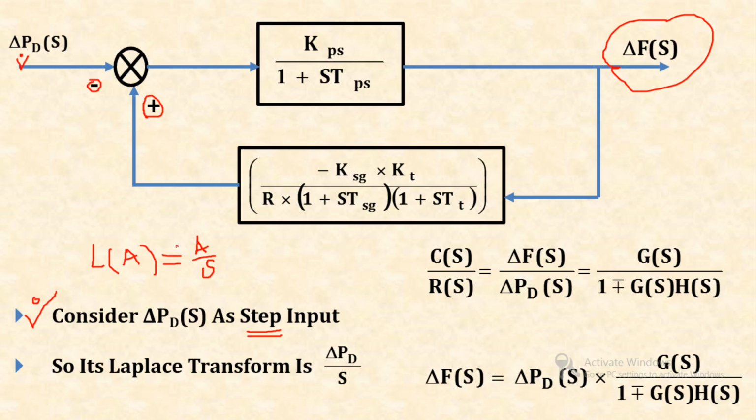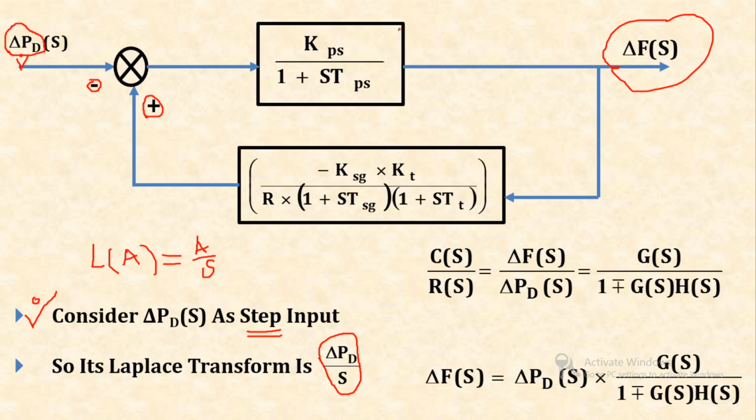Step input Laplace will be 1 upon S, and if step is having a magnitude of A, then Laplace will be A by S. So here also we are having a step input which is having a magnitude of delta PD. So its Laplace will be delta PD by S. So this is our definition of input. We are going to consider the step input for the change in demand delta PD.